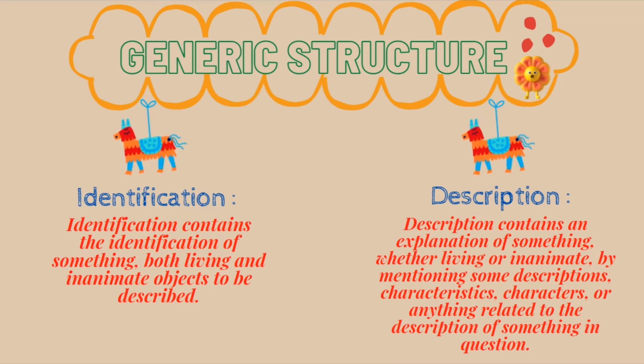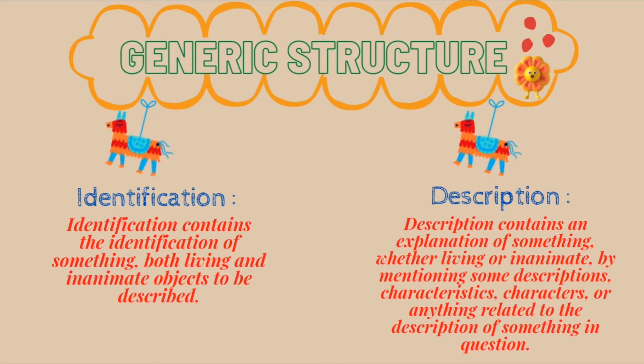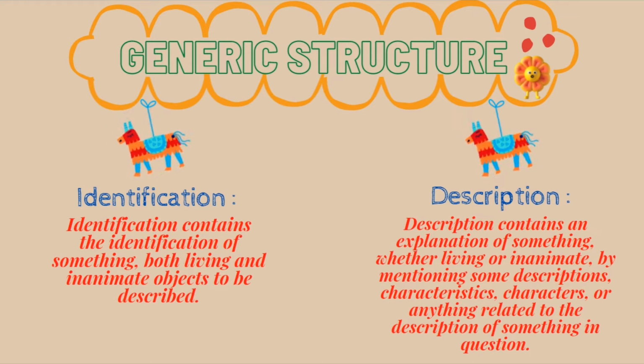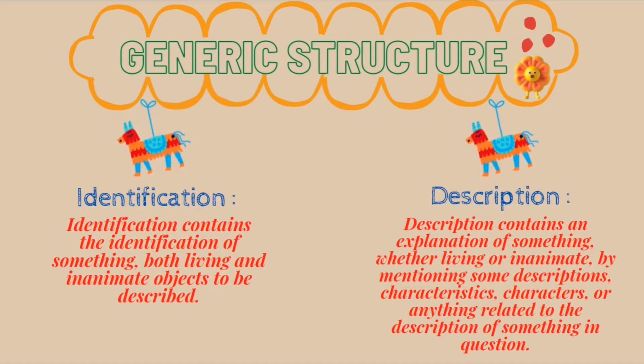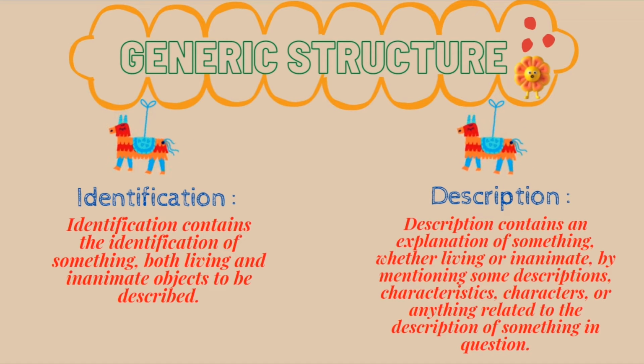And number 2, description. Description contains an explanation of something, whether living or inanimate, by mentioning descriptions, characteristics, or anything related to the thing in question.